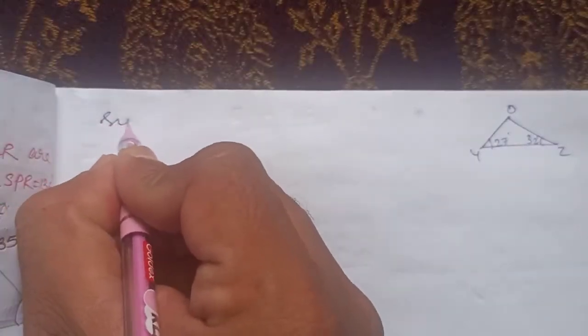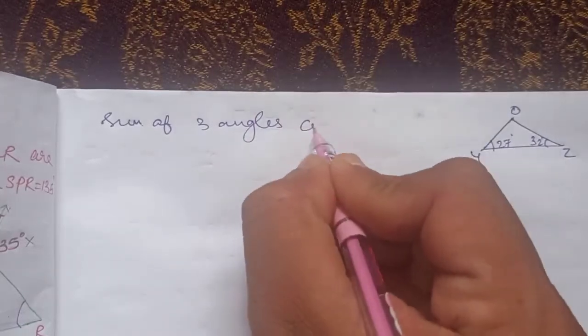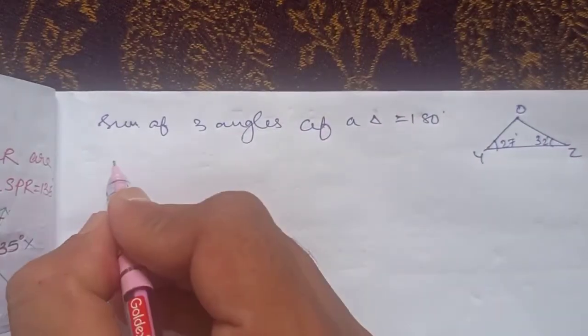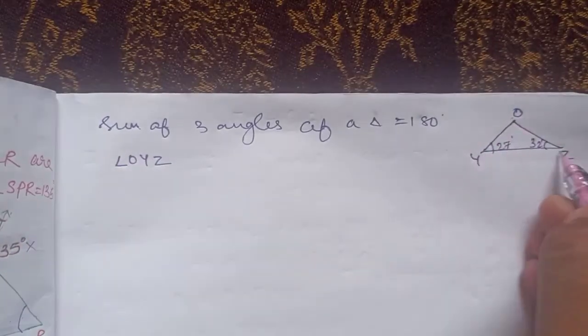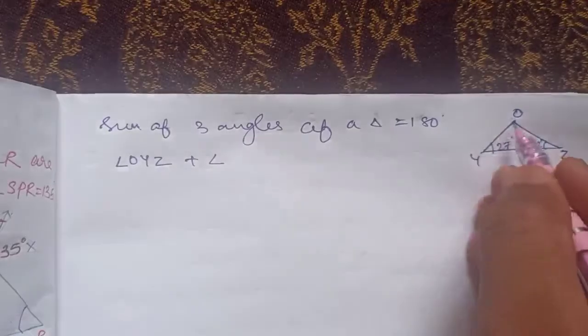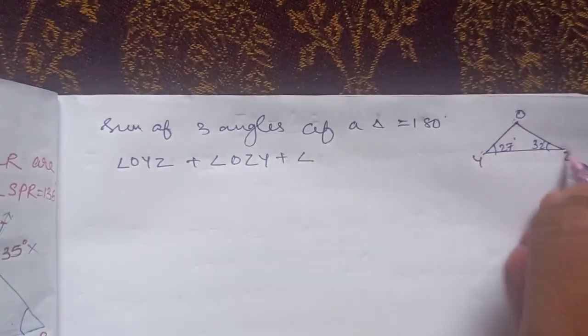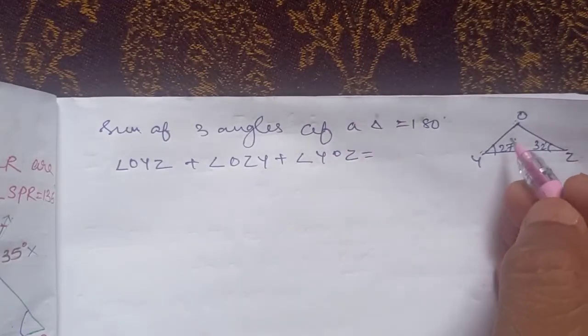The sum of three angles of a triangle is 180 degrees. The sum of three angles means angle OYZ plus angle OZY plus angle YOZ. Always mention three letters for each angle.